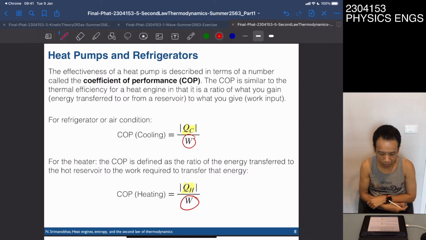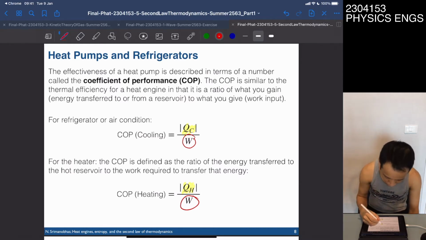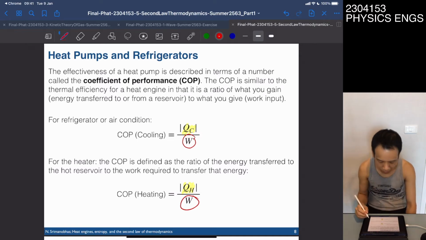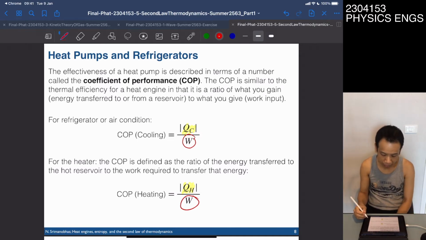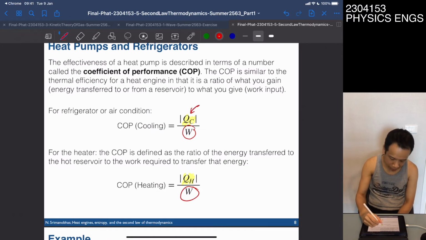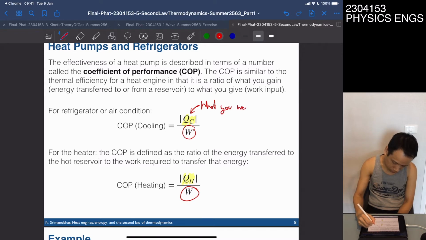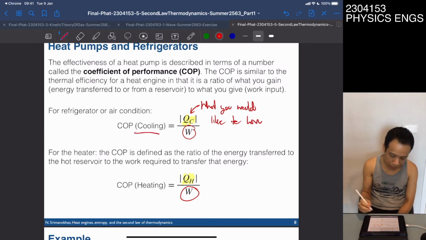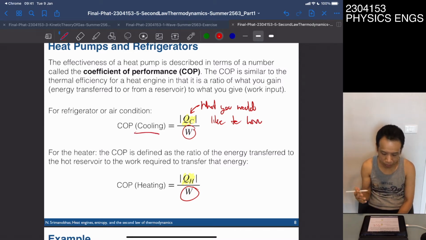Okay, so what you get is basically the heat that is transferred from the cold side. What you would like to have, from the cooling side, you need cold, right?